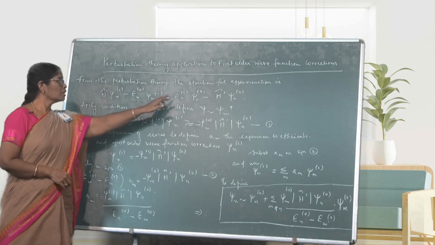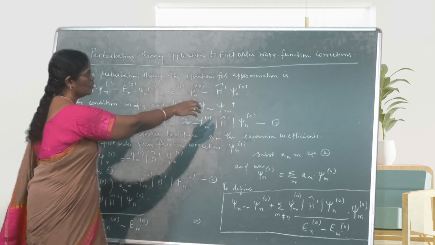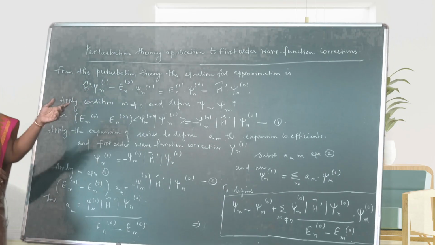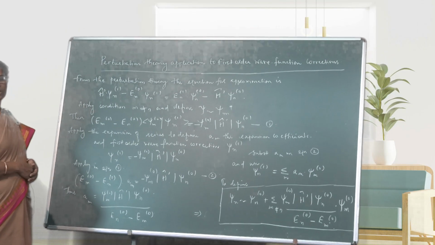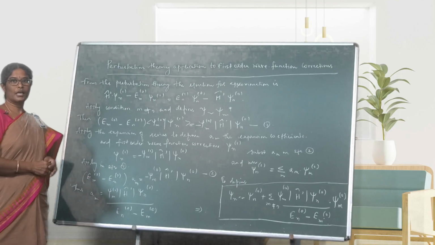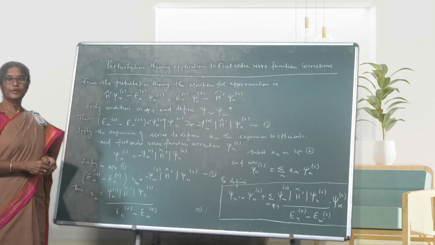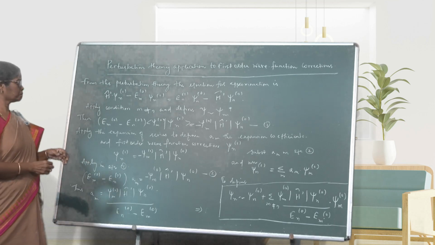The other term is H cap of prime, which represents the phenomenon of perturbation, and the perturbation H cap prime is nothing but the difference between the Hamiltonians of the unperturbed state and the perturbed state.